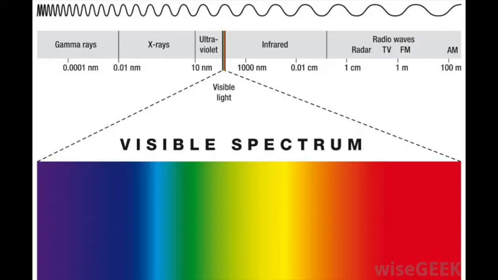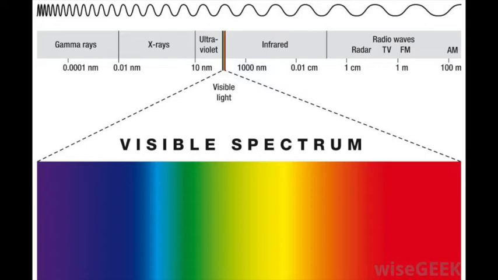Electromagnetic radiation consists of a full range of different wavelengths, and the visible spectrum is only a tiny fraction of those wavelengths. One of them is gamma rays.